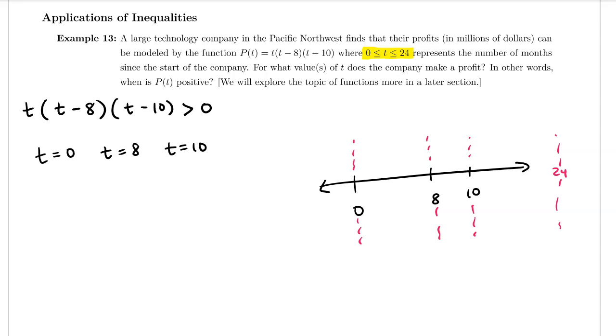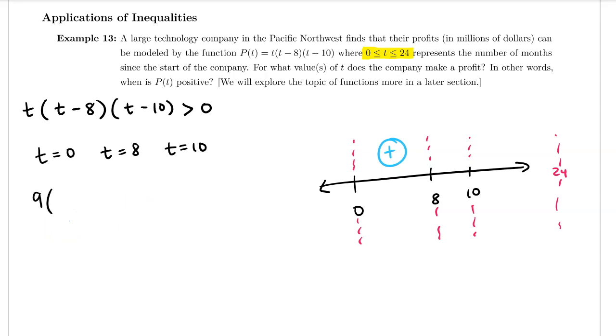Let's plug in 1. If I plugged in 1, I would have 1 times 1 minus 8 times 1 minus 10, and 1 is positive, 1 minus 8 would be negative, and then 1 minus 10 would be negative. So if I multiply all of those together, this one is going to be positive. Let's go ahead and plug in 9 now as a test number.